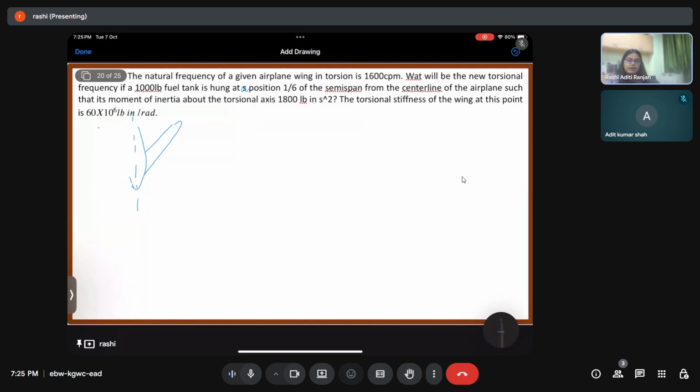This is the center line. Now for this airplane wing, the fuel tank is hung at a position 1/6 of the semi-span from the center line. And we have to find out what is going to be the new natural frequency. So firstly, what we know is the earlier natural frequency, which is 1600 CPM.